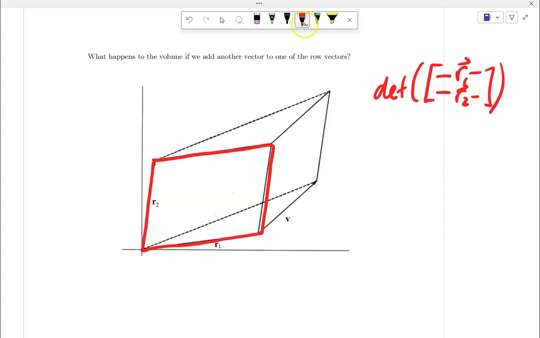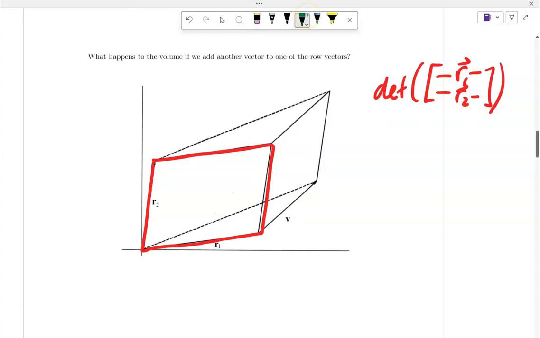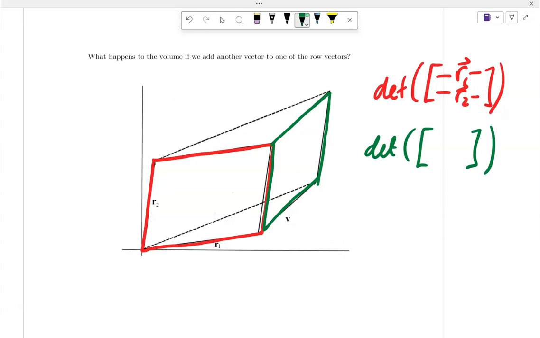This one, I'll try a different color. Hopefully the colors help. I don't know how well you can see them up on the screen. Oh, that's pretty red. I'll try green. Let's look at this one. What are my rows going to be for this parallelogram that I'm trying to figure out the volume of?